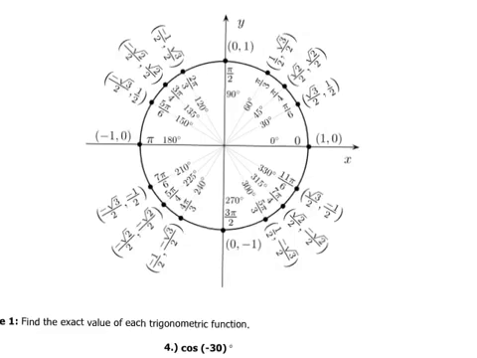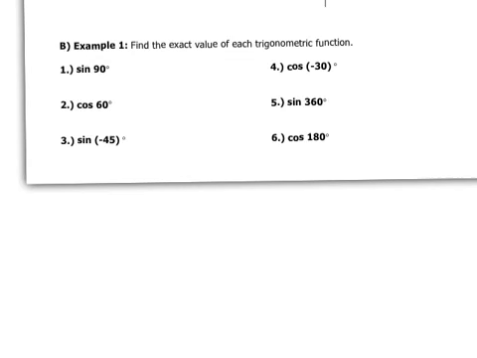Okay, so in the first example, find the exact value of every trig function. This is just you getting practice using your unit circle. If you don't have your personal unit circle all the way complete yet, just use the one that's there in your notes. Remember, every x value is cosine.